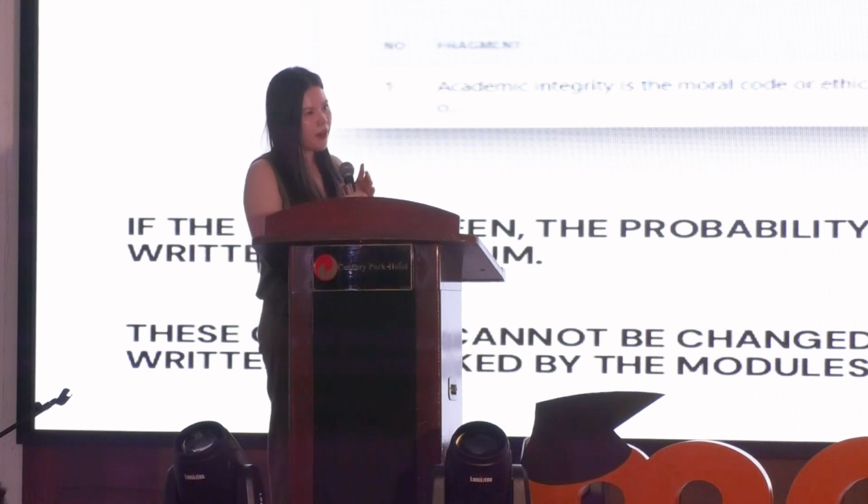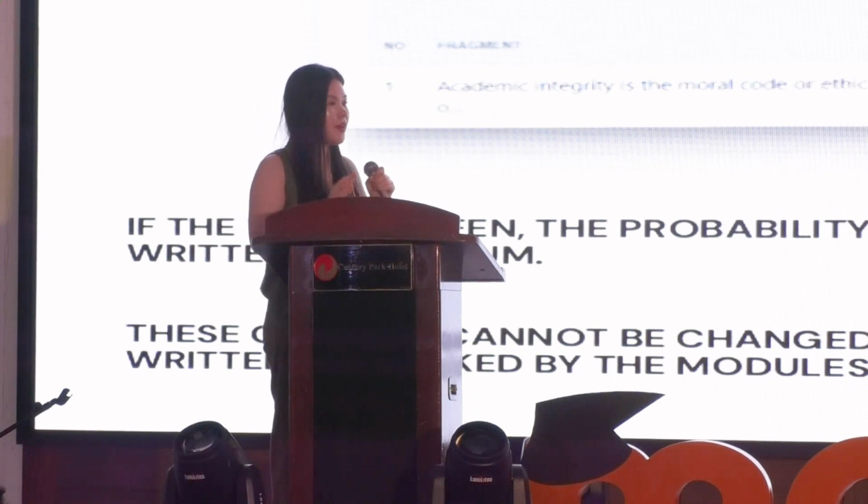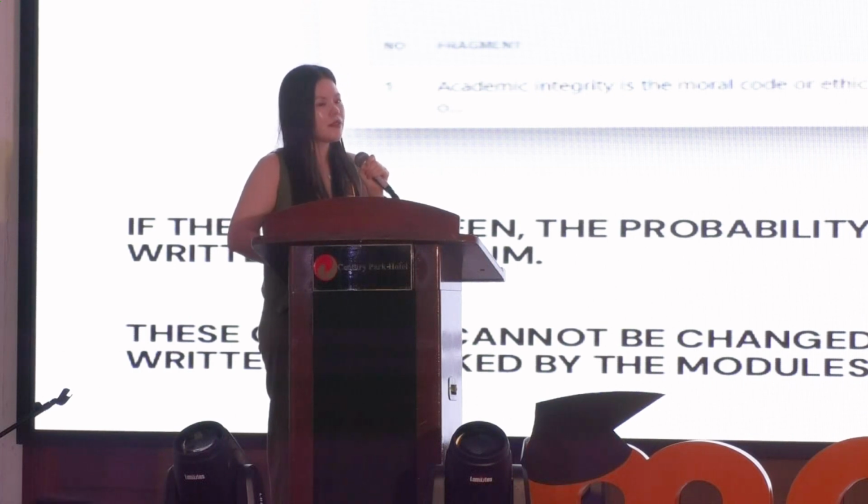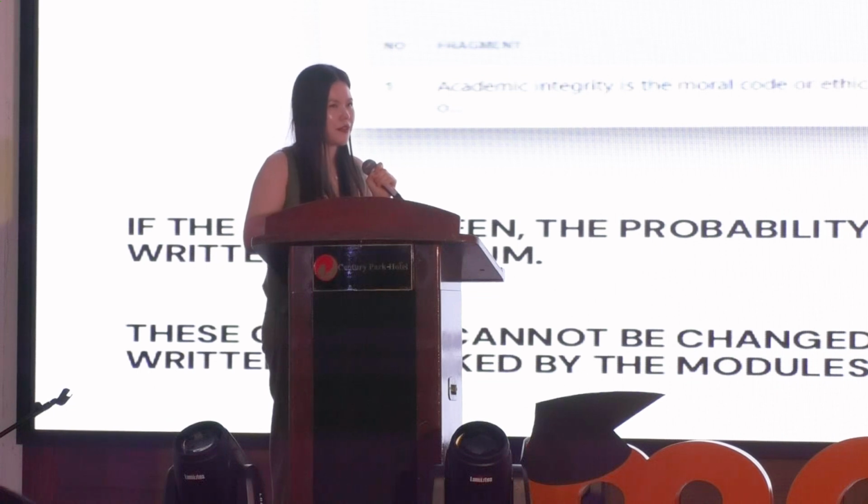If we highlight the text with the red color, it means the probability that this text was written by AI is over 60%. And if it was colored green, the probability is less than 20%. So it gives us information whether it was written by ChatGPT or not.